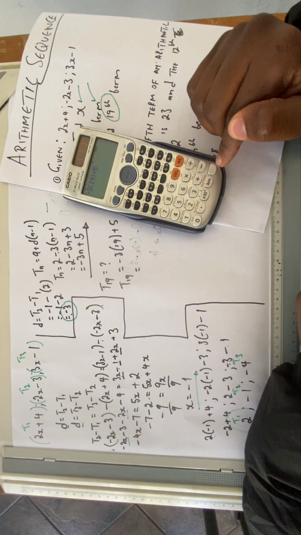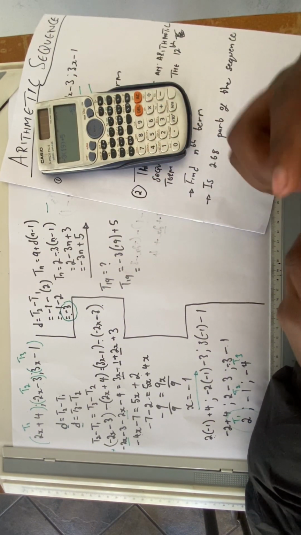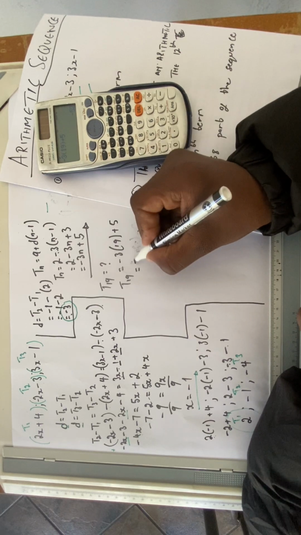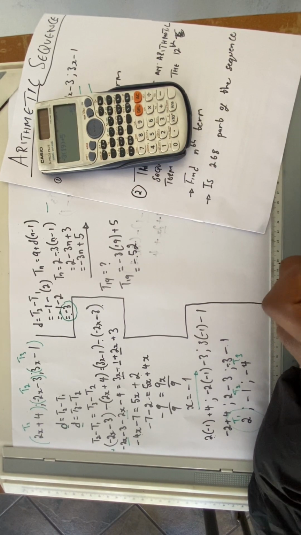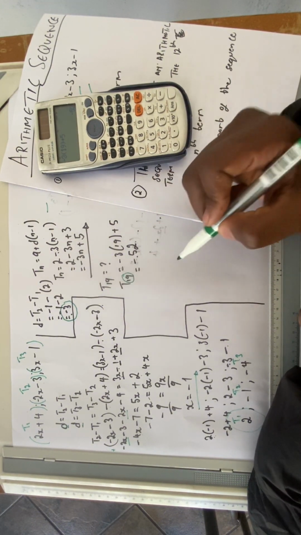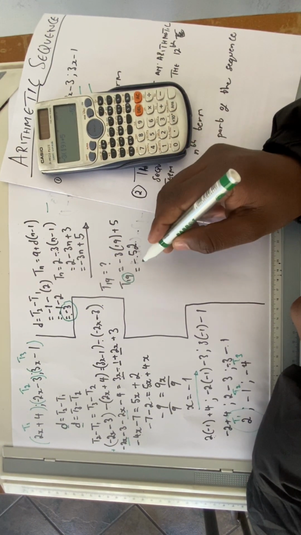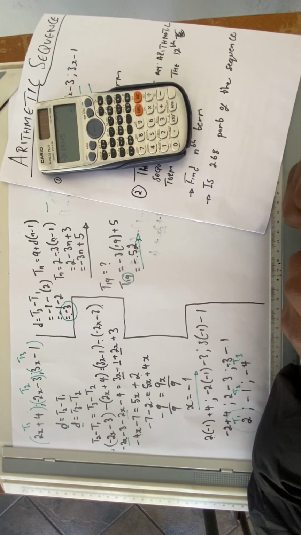Then what do I end up with? Negative 52. So what does this mean? It means that at position number 19, the number that is occupying that position is, yes, negative 52.